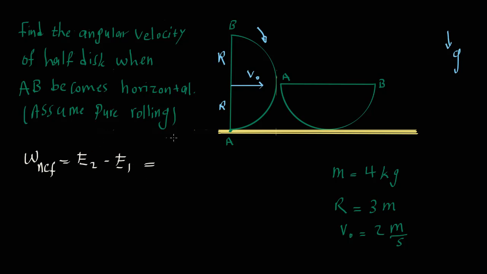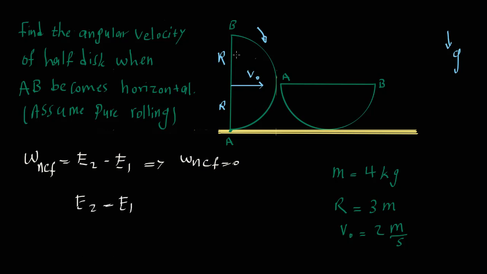But because this is a static friction, the force of friction doesn't do any work. So W of non-conservative forces is equal to 0, and therefore E2 is equal to E1.